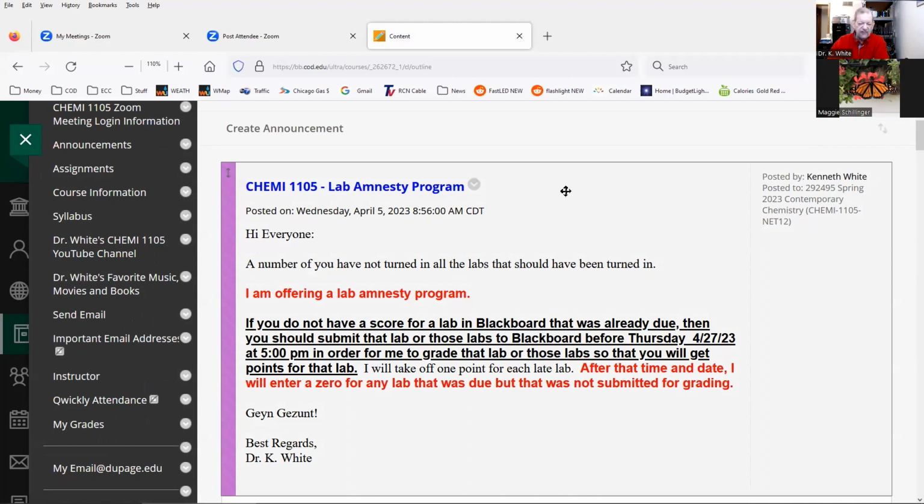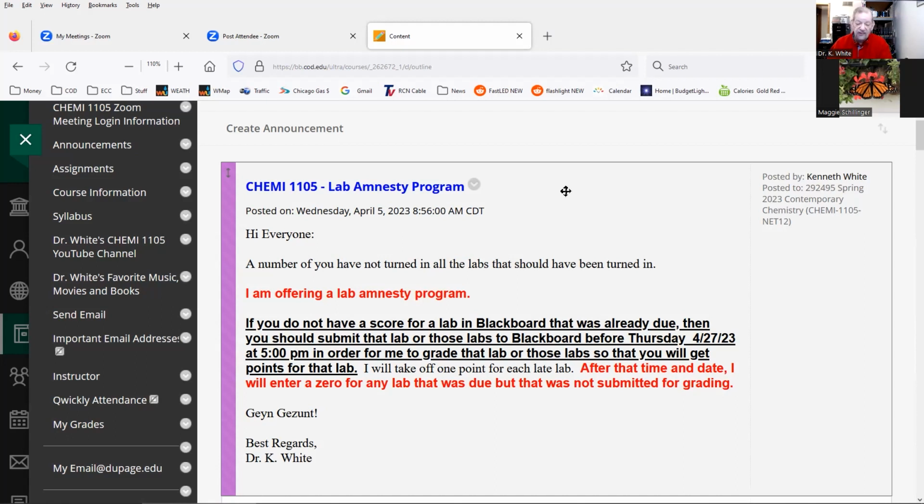If you do not have a score for a lab in Blackboard, meaning you never turned in a lab that was already due, then you should submit that lab, or those labs if you have more than one, to Blackboard before Thursday, the 27th of April, the end of this month, at 5 p.m., so that I can grade them and you will get points.